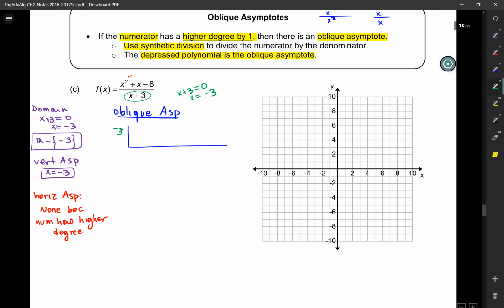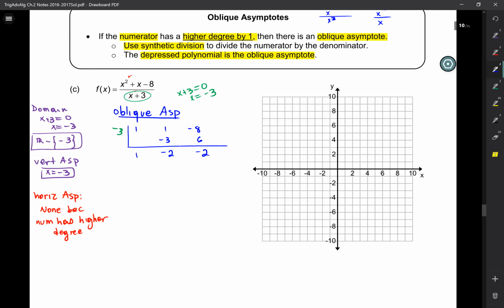Okay, and then inside we're going to have 1, 1, negative 8. 1 comes down, negative 3, negative 2, 6, and negative 2.